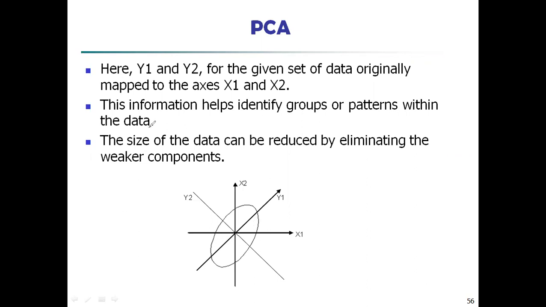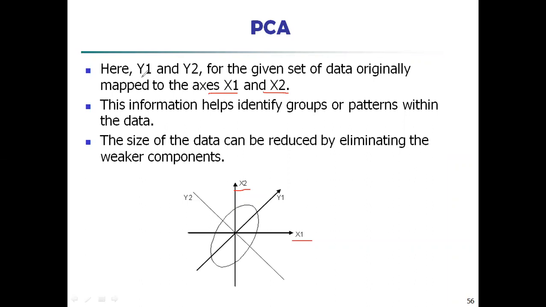Okay, suppose, assume here you have two axes. One is x1 and the other is x2. These are two axes. Within this, we are going to represent the original set of data.